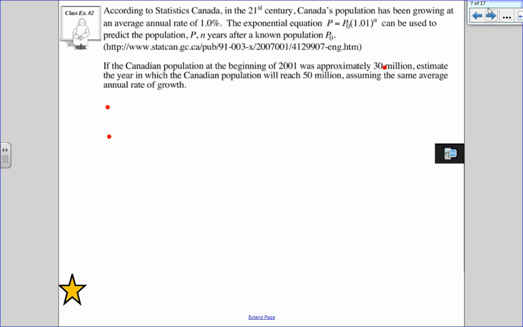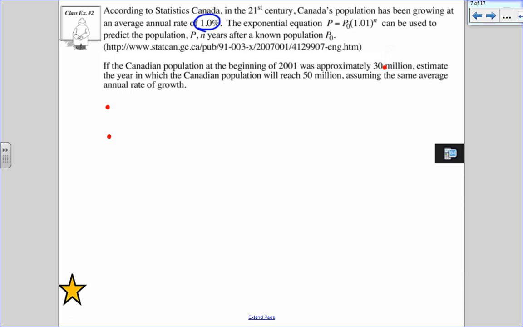Okay. Let's look at a word problem. According to StatsCan, in the 21st century, Canada's population has been growing at an average annual rate of about 1%. The exponential equation can be used to predict the population, P, n years after some known population.